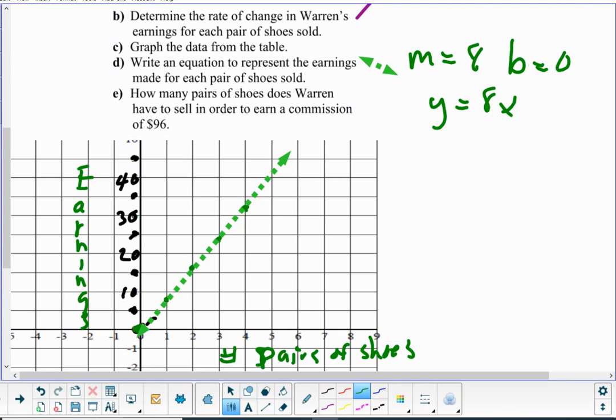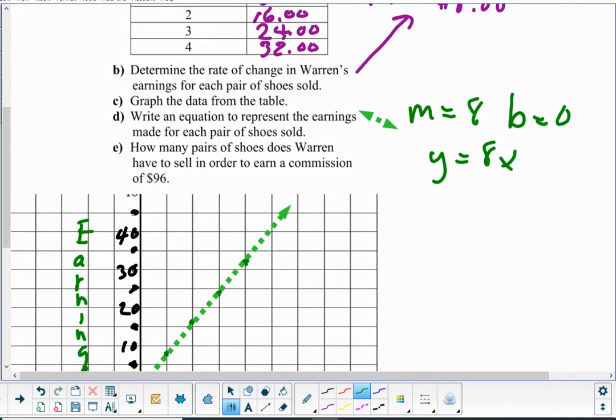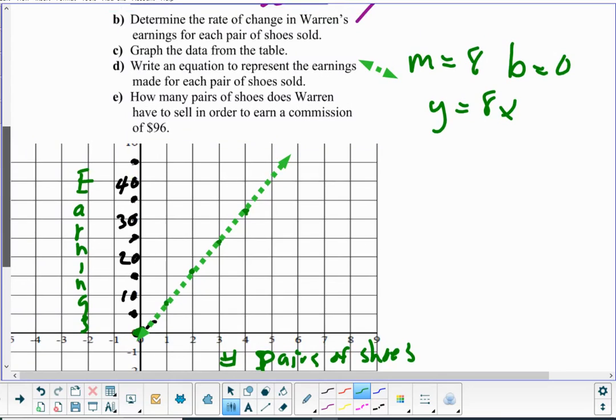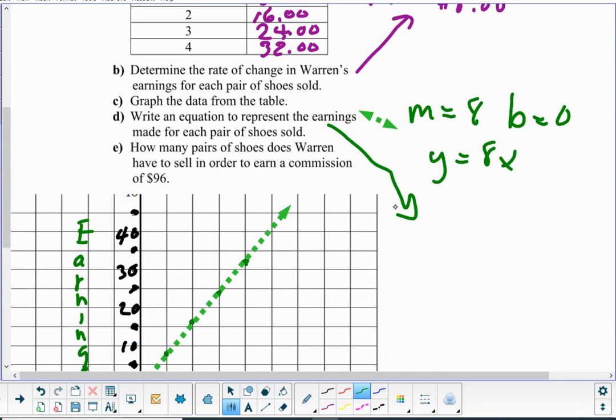Okay, well, on our graph, we didn't give ourselves enough room for that. So we could go back to Jacob's method that he suggested before and substitute. Substitute y equals 96. Now, you wouldn't put x equals 96 because you're not getting 96 pairs of shoes. Y represents the money, the total earnings, and x represents the number of shoes.